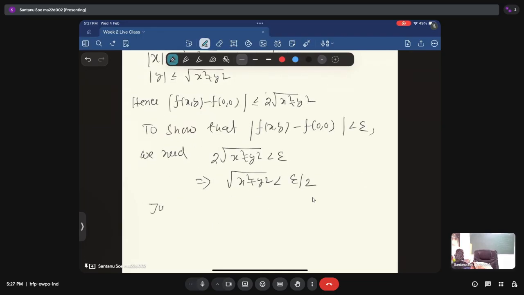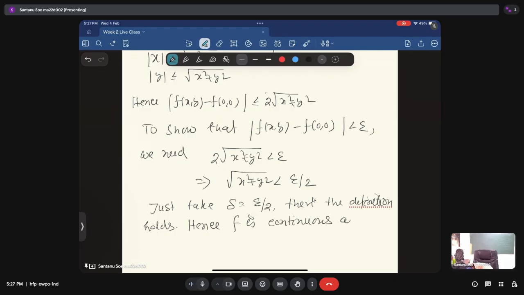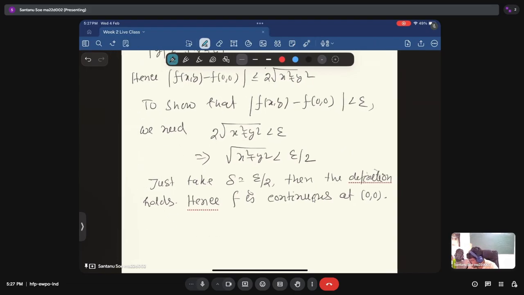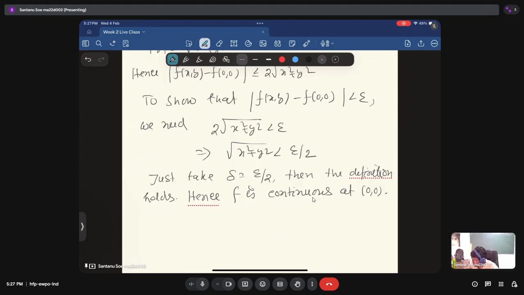So just take delta equal to epsilon by 2, then the definition holds. Hence, f is continuous at (0, 0). Okay.